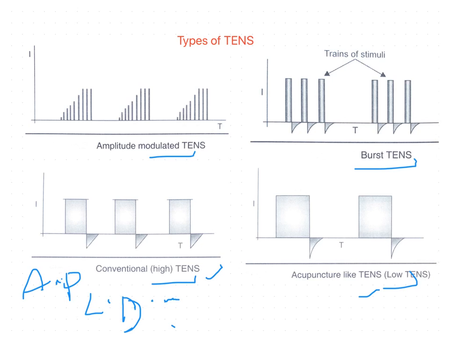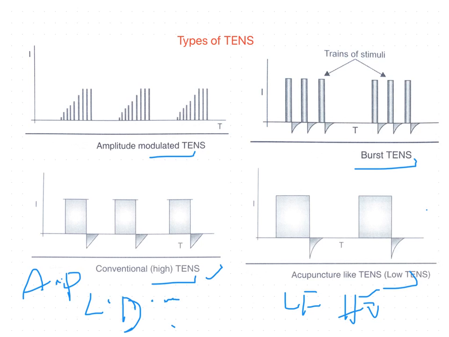Here we are using low frequency and high intensity currents. This TENS primarily stimulates group 3, that is A delta, and group 4, that is C nociceptive fibers. So this is about the low TENS.